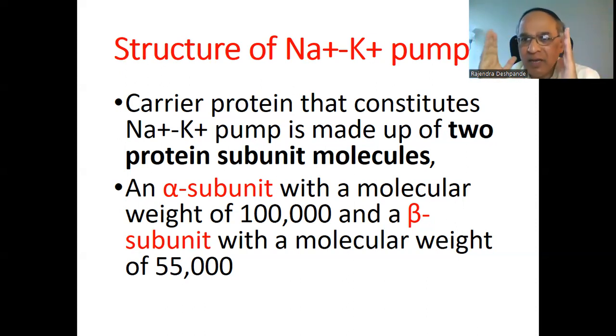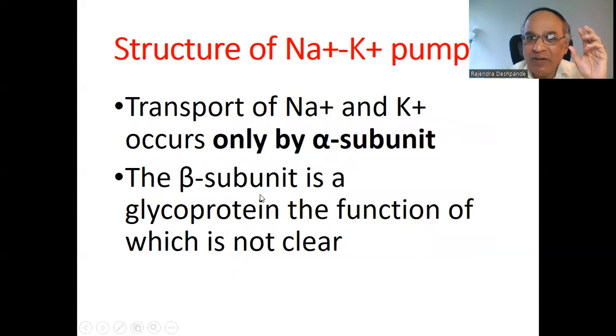You must remember alpha and beta for MCQ purposes. Now the alpha subunit has a molecular weight of 1 lakh, and this beta subunit has a molecular weight of 55,000. So naturally the alpha subunit is heavier. Okay.